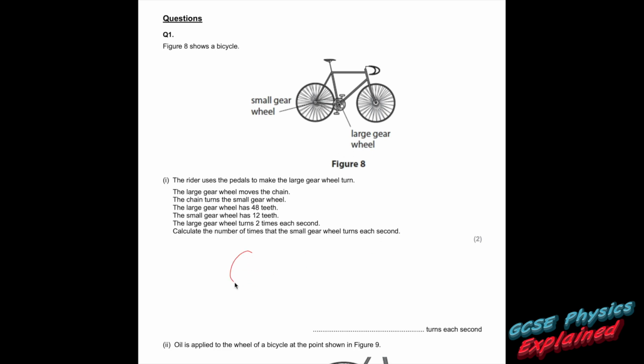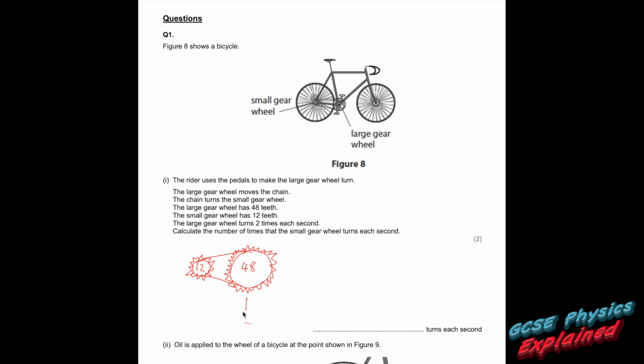So if you've got 48 teeth on that large gear wheel and 12 on the small, each gear wheel is still going to turn 1 tooth for 1 tooth. So for every full rotation of this large cog, 48 teeth are going to turn, which means that 48 teeth are going to turn on the small cog.